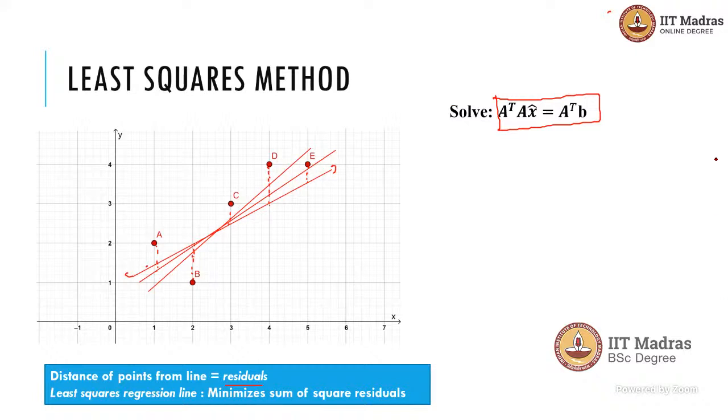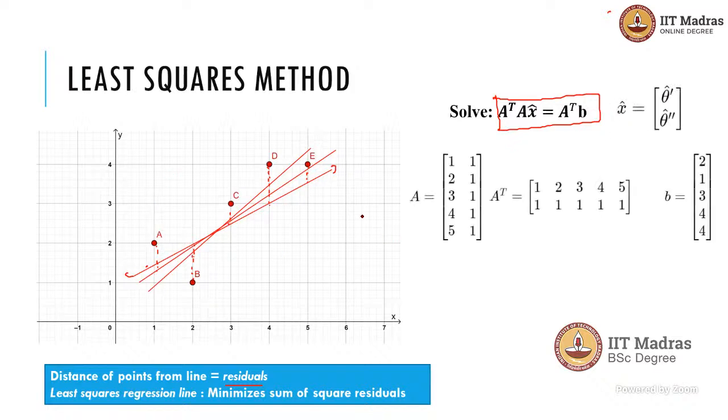So this A is a coefficient matrix that is made from your data points X. This coefficient matrix belongs to the X values here you have, right? So X is 1, 2, 3, 4, 5, 6. And this is the column vector of ones that is to have a coefficient for your intercept. So that is why we have a simple vertical column of ones.